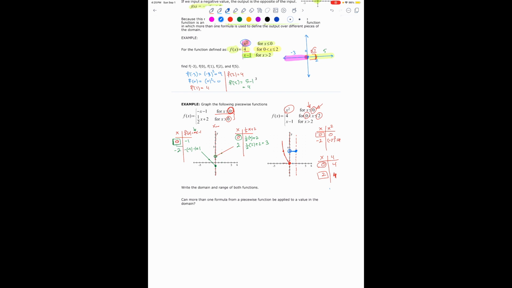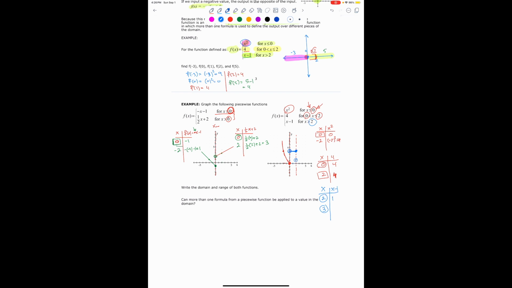And then the last one, I'll put x and then x minus 1. I will choose the 2 and then anything greater than 2. So 2 is excluded. And then I'll choose, let's say, 3. If you plug in 2, you will get 2 minus 1, which is 1. So the first point is 2 and 1, right here, and it's excluded.